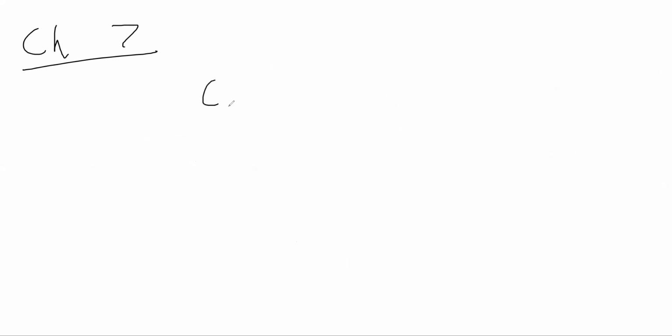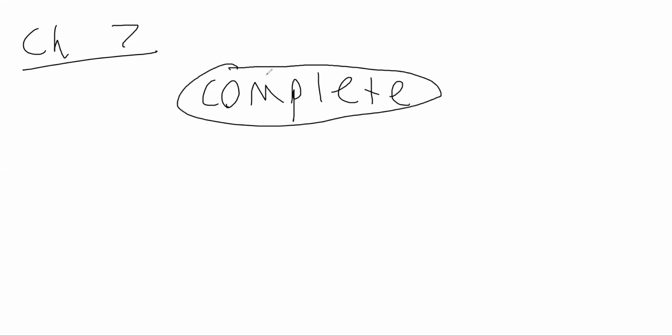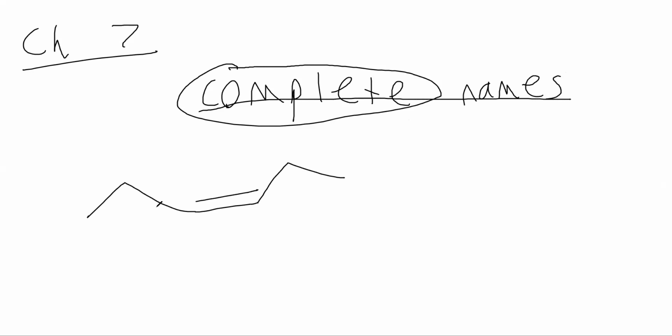Complete is important. I don't know if your questions will come up this way, but if you have to write in a name for something and you're given something like this, I'll just put the substituent there, you have to give the numbers and put the substituents down and the parent name and all that, but you also have to identify the stereochemistry at the double bond.